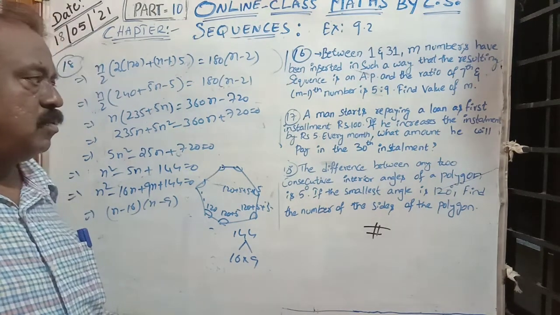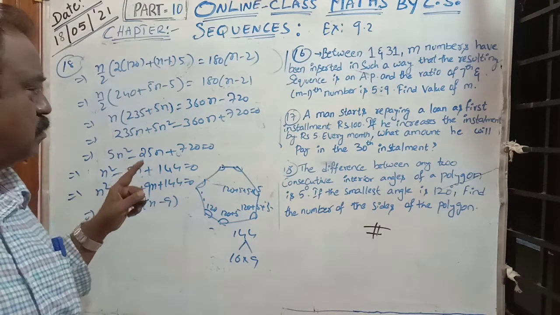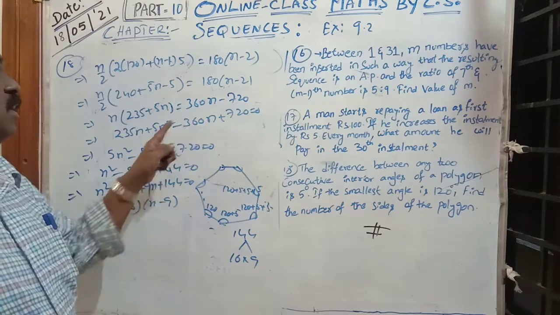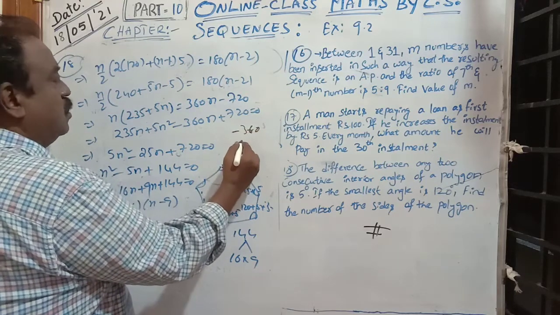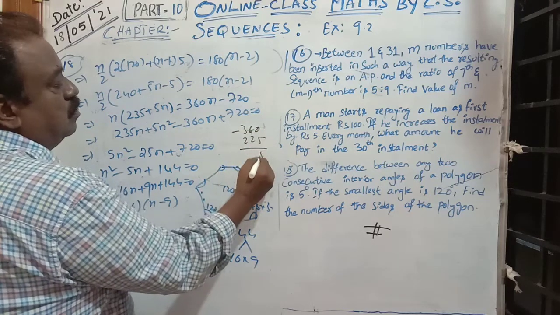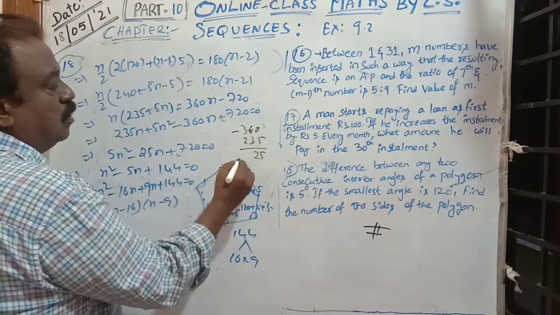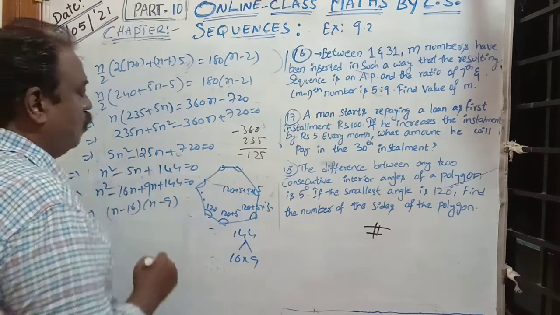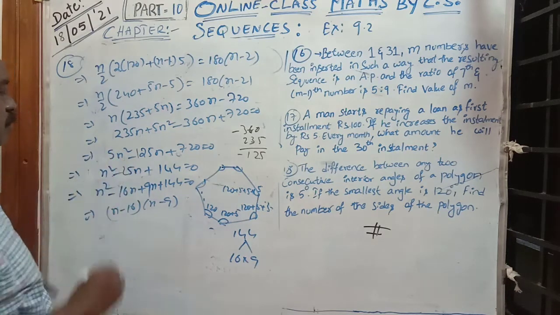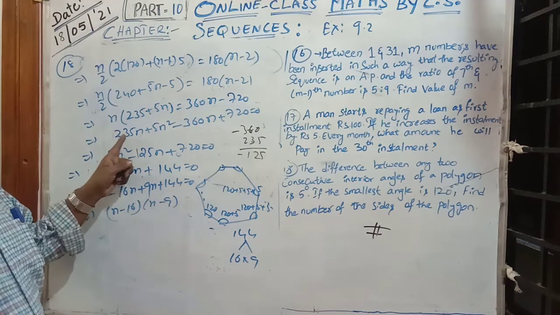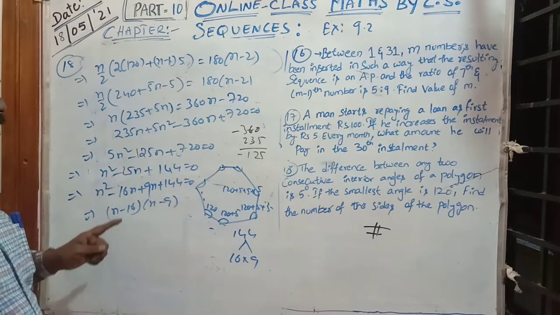See, in this problem, the last problem, an arithmetic mistake is there. 235 minus 360 is minus 125n, not 25n.